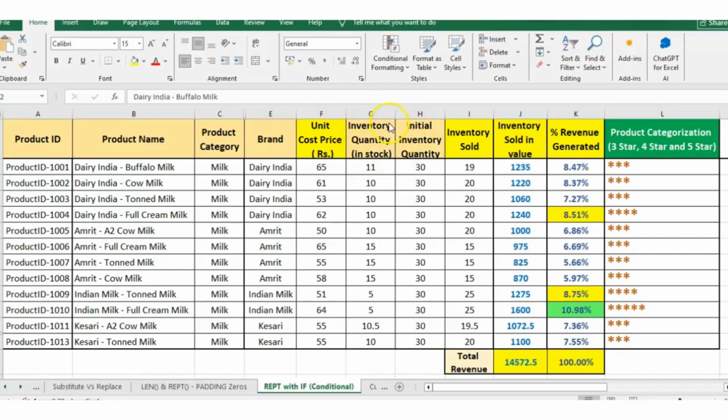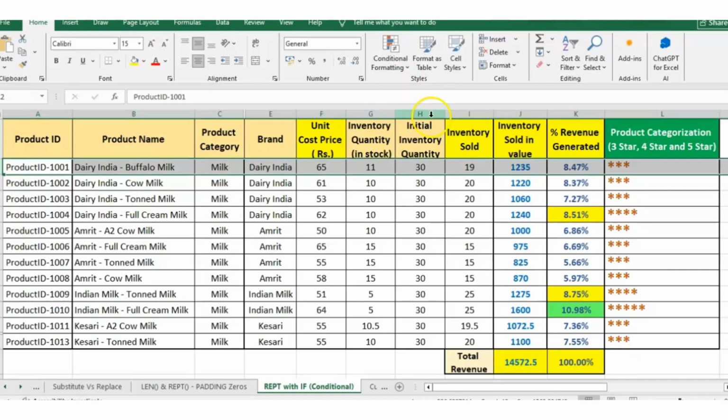Column G represents the current picture of the inventory quantity which are in stock. Column H represents the initial inventory for each product. To calculate the inventory sold, we understand that initially for product ID 1001, the inventory quantity was 30, and right now what is left, or what is in stock, is 11.